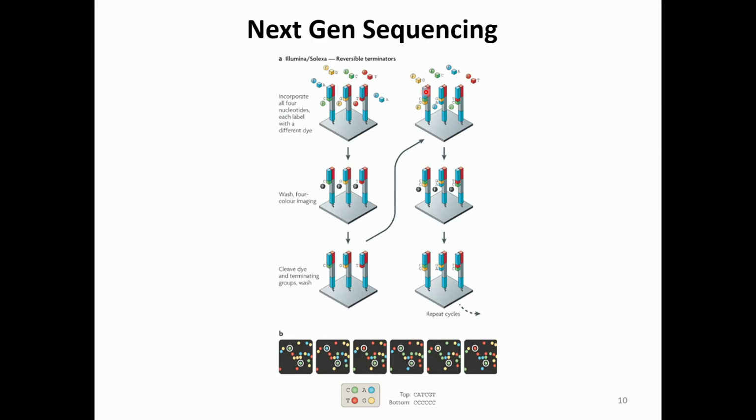And then this is the technology that's kind of taken everything by storm. It's called next generation sequencing. And it makes use of that knowledge of DNA synthesis that I just went through, but it uses some different tricks. And here's how this works.